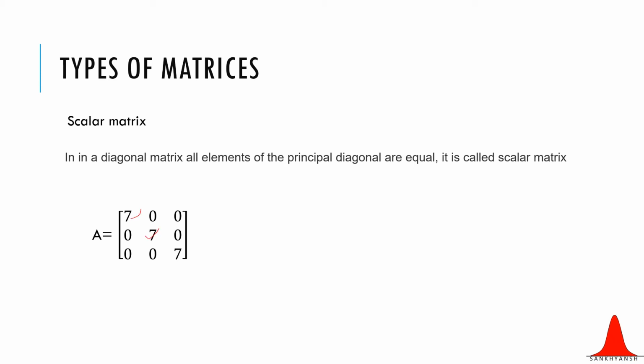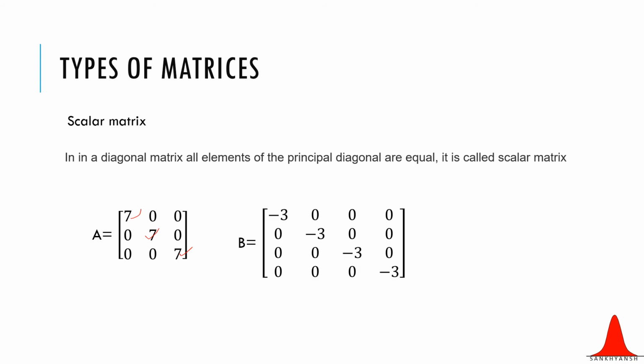All elements are the same, 7, 7, 7. Just say -3, -3, -3. If all elements of the principal diagonal are equal, then it is a scalar matrix, 5, 5. The rest of the elements are 0. So a scalar matrix is a special type of diagonal matrix.